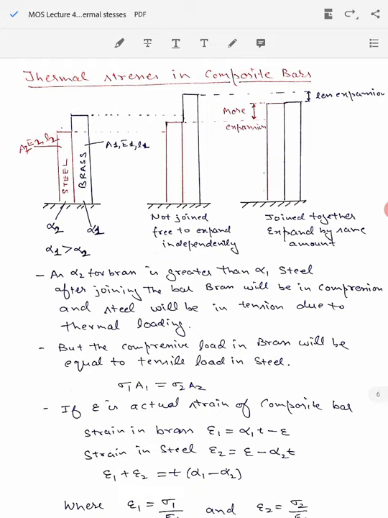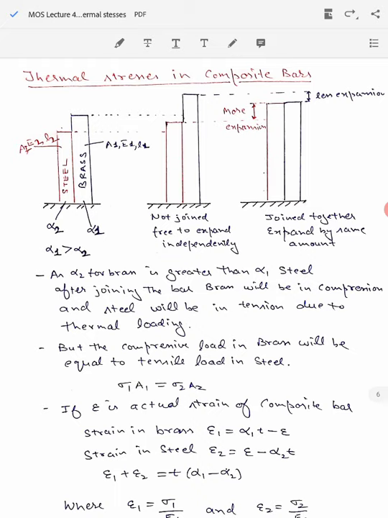So if you have two dissimilar materials, like here we have given the example of steel and brass, and they are welded together, then because of the change in temperature, thermal stresses will set up in them.